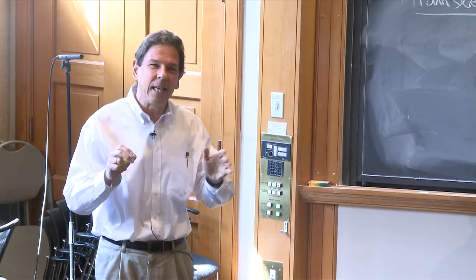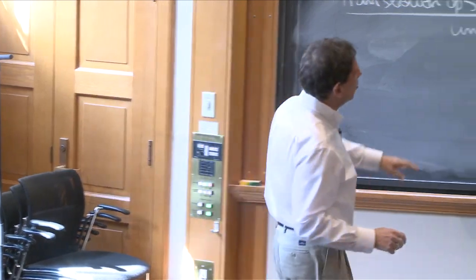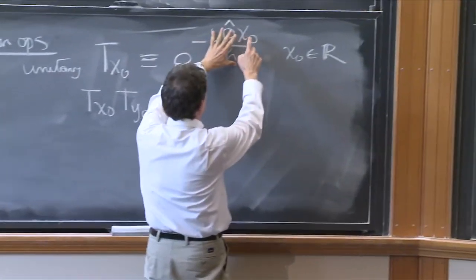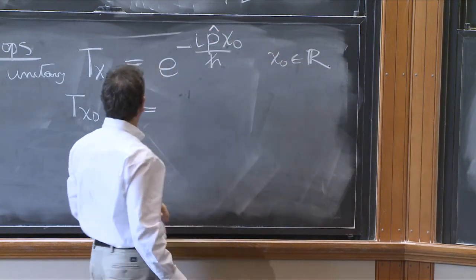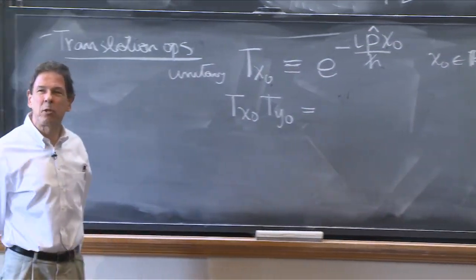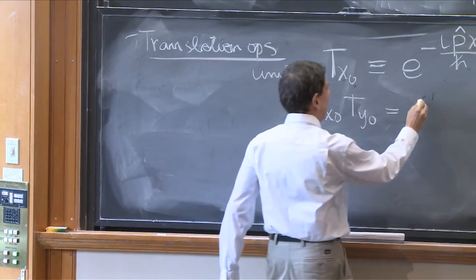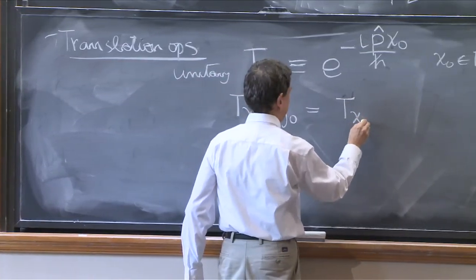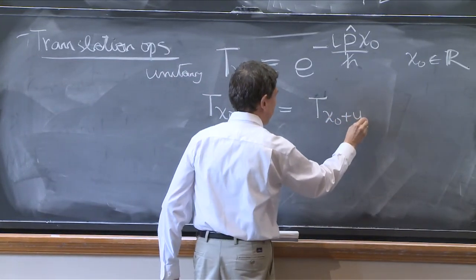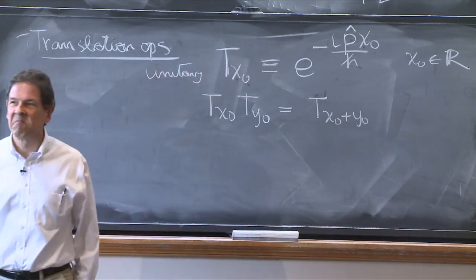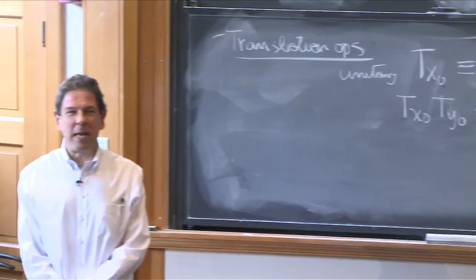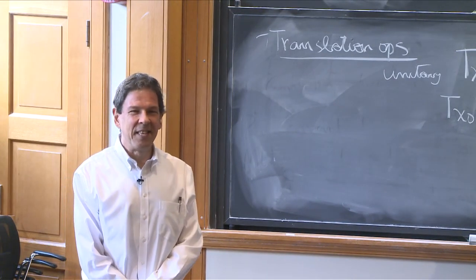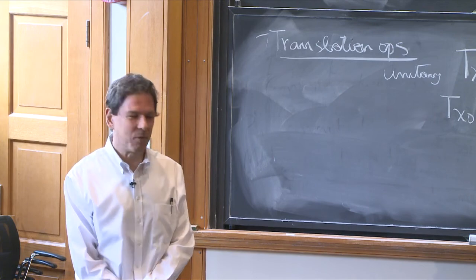And then you relax and say, yes, these two operators commute, whatever the number is here. Therefore, they can be put together in the exponential, and this is T of x0 plus y0. No Campbell-Baker-Hausdorff needed here. It's just straightforward.